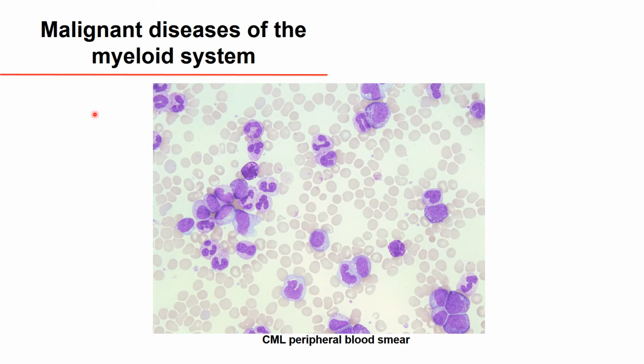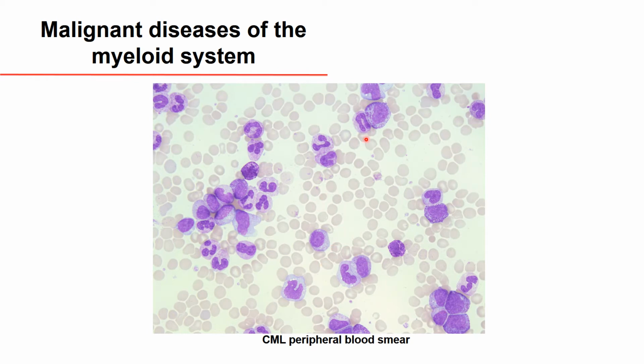Now let's talk about the malignant diseases of the myeloid system. This is what we will have in the periphery, especially in chronic myeloid leukemia. The peripheral smear almost looks like a bone marrow, except we don't see any erythroid precursors or megakaryocyte precursors.